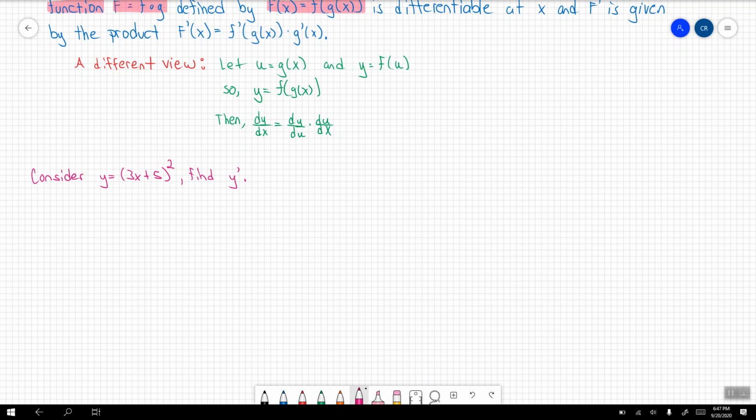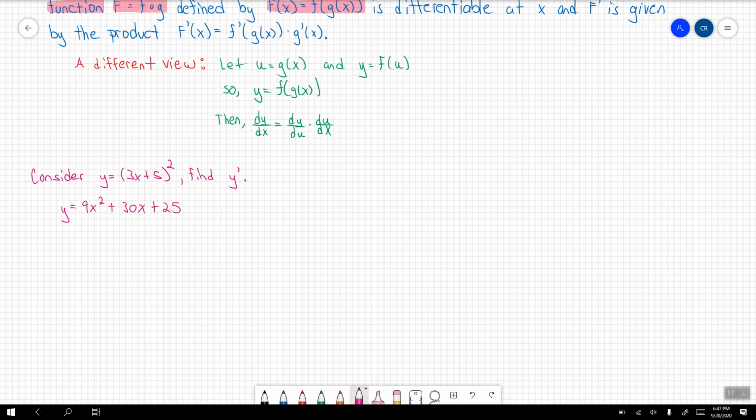Well, according to our techniques so far, the technique so far would say that first we would need to expand this binomial, which means we would get 9x squared plus 30x plus 25.